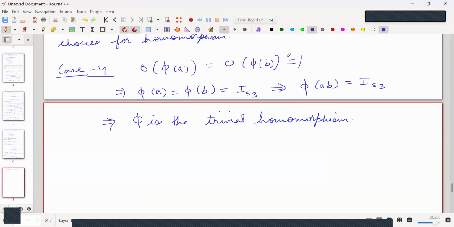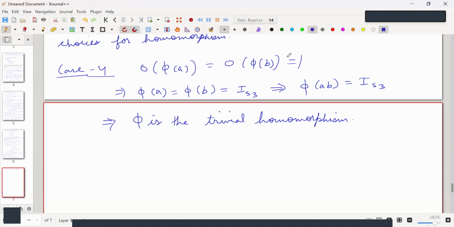Okay. So here, the idea is the group is generated by two elements, A and B. If you know the image of these two elements, the image of the third element is fixed based on the image of A and B. That's a very common trick to find homomorphisms.